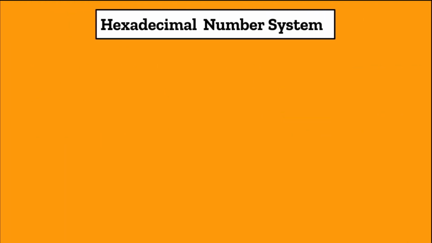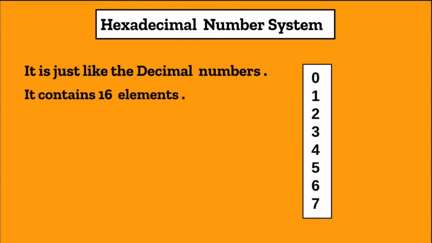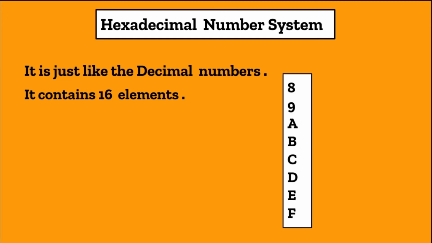The fourth number system is hexadecimal number system. It contains 16 elements. They are 0, 1, 2, 3, 4, 5, 6, 7, 8, 9, A, B, C, D, E, F. Here A, B, C, D, E, F represents 10, 11, 12, 13, 14 and 15.